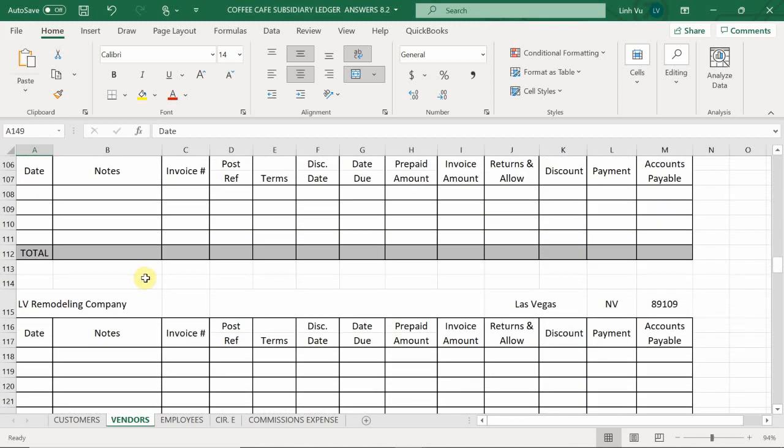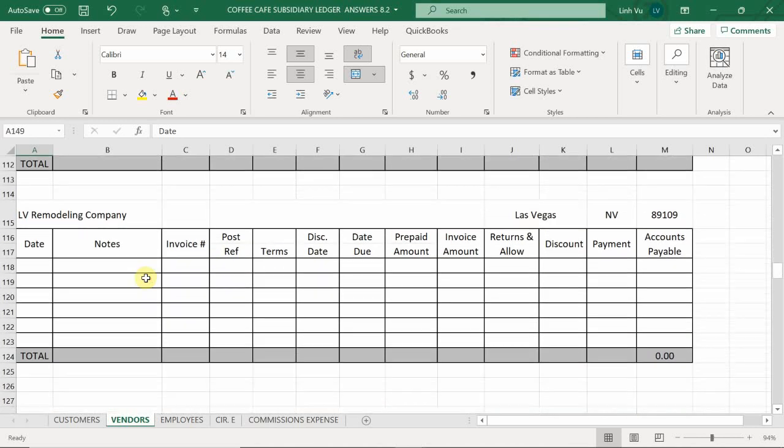The subsidiary ledger. Is it another kind of ledger, or the same kind of ledger with a different account? In this case, this is separate from your general ledger.